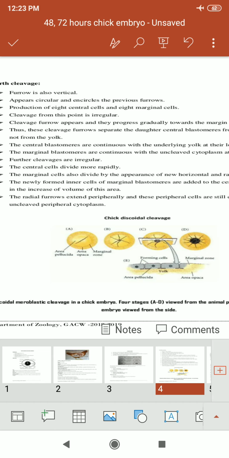So you can see this thick discoidal cleavage, how it looks, A, B, C and D. In A and B, it includes the area pellucida, opaca and marginal zone, and C is forming the cells, D is marginal zone, that is area pellucida and area opaca.